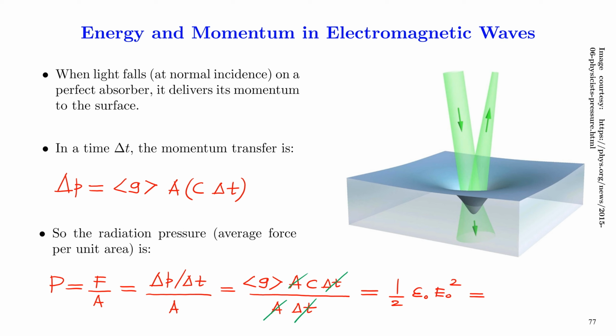And in terms of the intensity, this can be written as I over c. So this equation gives the radiation pressure that is felt on a black body, that is a perfect absorber.